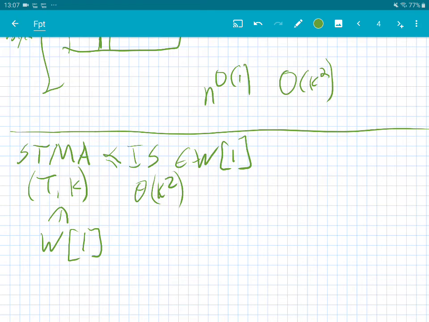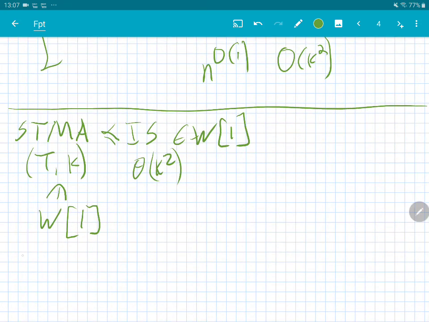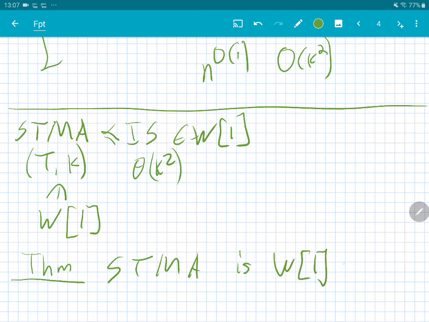We will see a reduction like that in the next lecture, which means that we get the following result, theorem: short Turing machine acceptance is W1 complete. So it belongs to the bottom of the hierarchy, which is somewhat surprising. Okay, that's it for today's lecture.